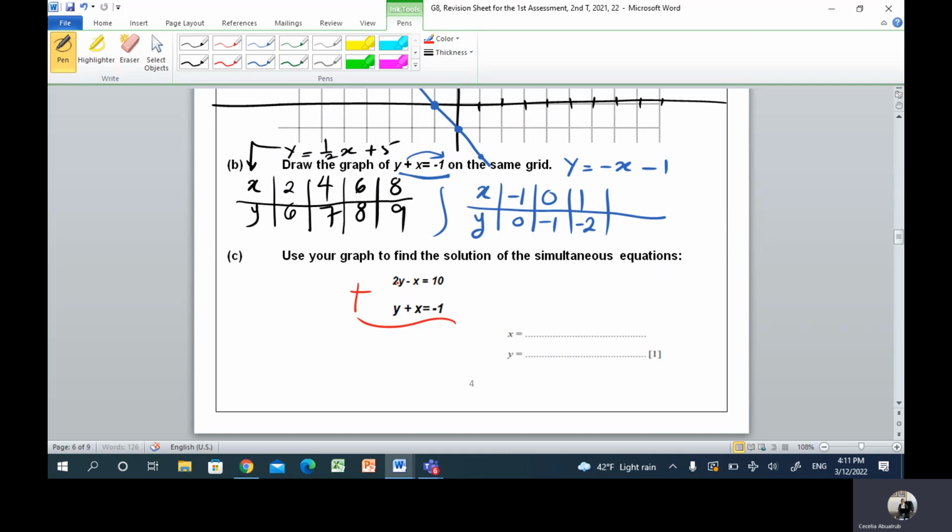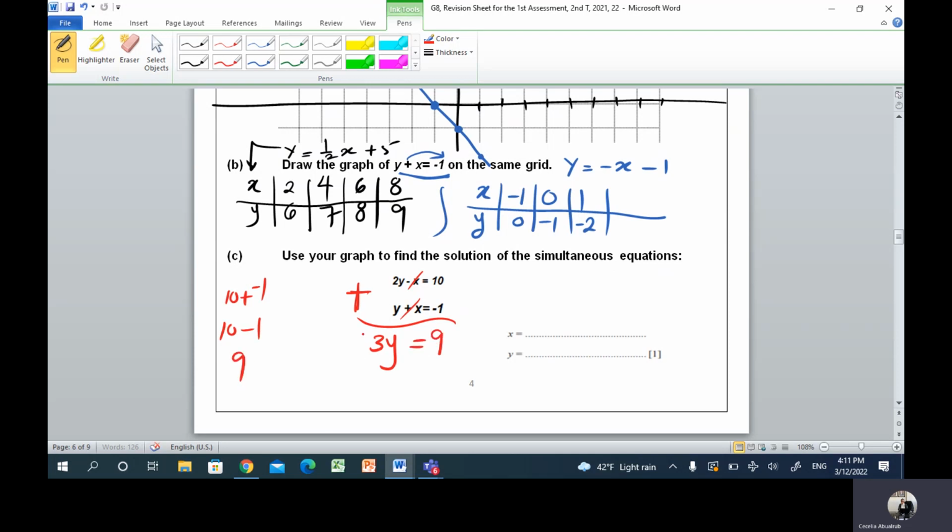So 2y plus y, it will be 3y, and the x's are cancelled, 10 plus minus 1, so it will be 10 minus 1, so it's 9, equals to 9.